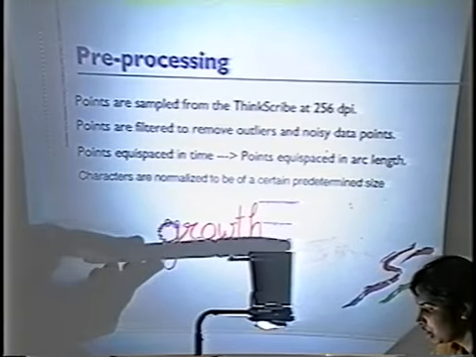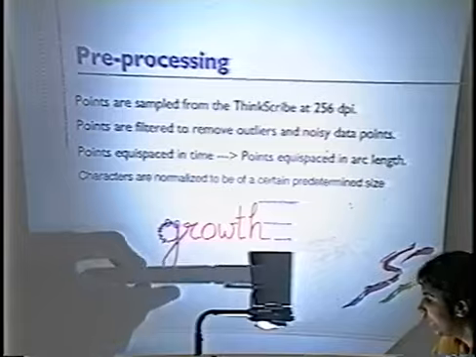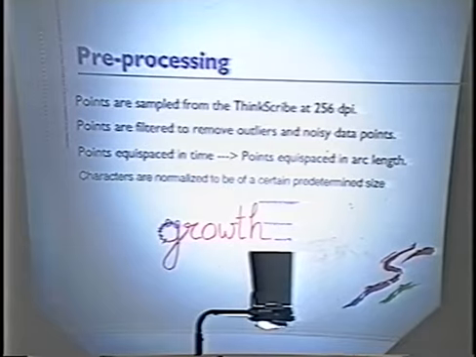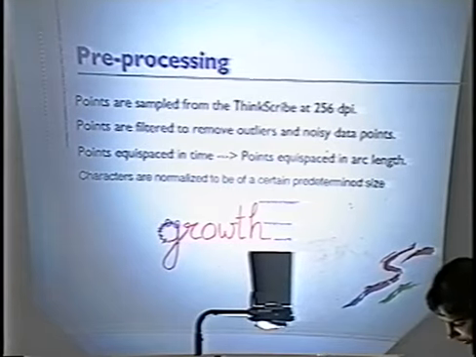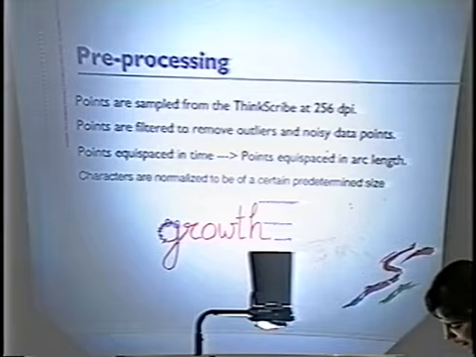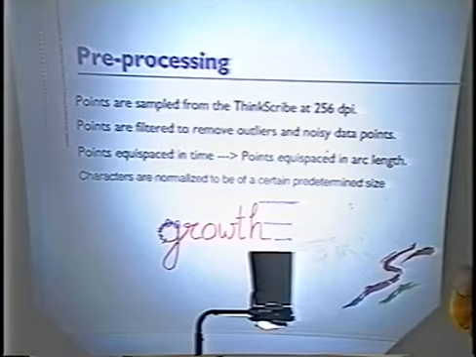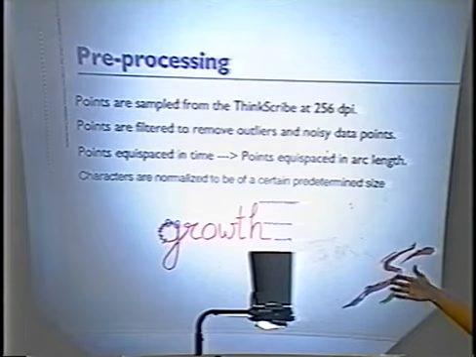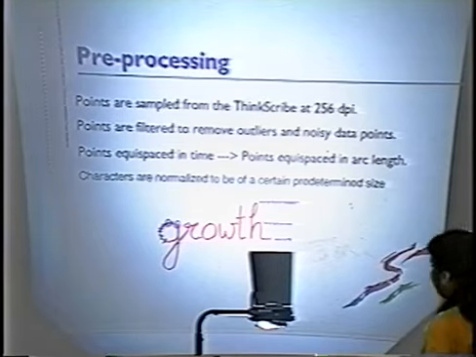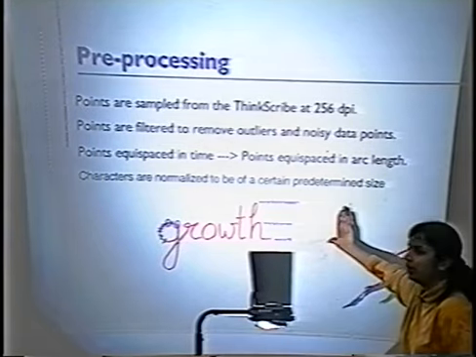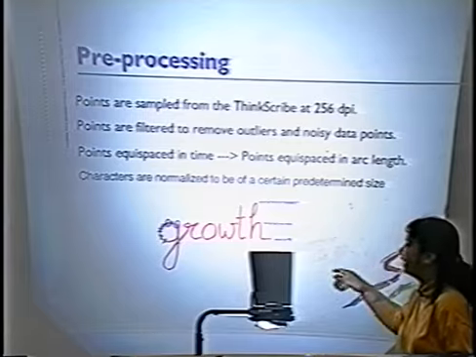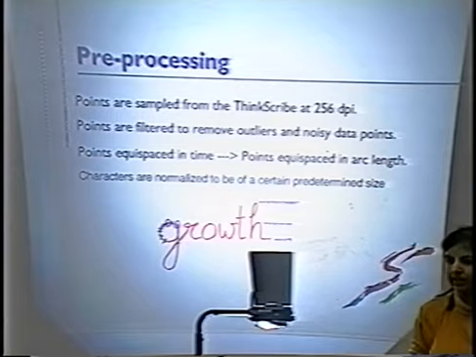Once that is done, what we'd like to do is go to those points and estimate these four lines, which are called the baseline, the midline, the top line, and the baseline. This is not easy to do, especially if the person is writing like this, where the person is not sticking to a baseline itself. In the case that I've shown, this is very easy to do. It's very clean data. And the way we do this is we project all the data points onto the y-axis, and then we look at a histogram of that and use that to compute the four different axes.